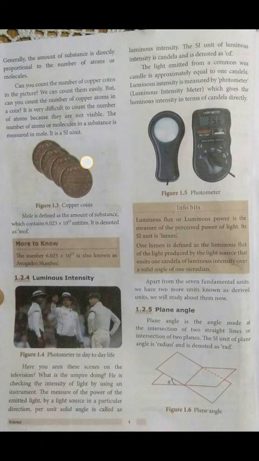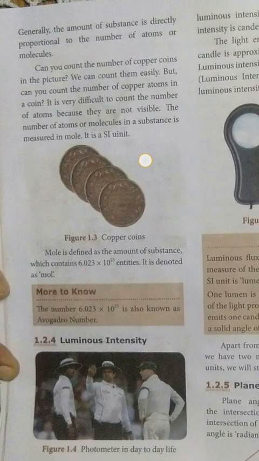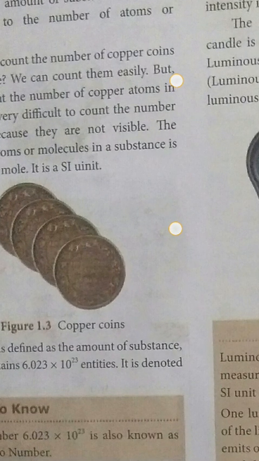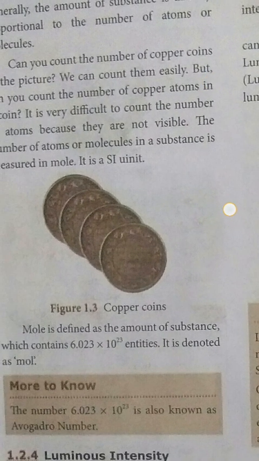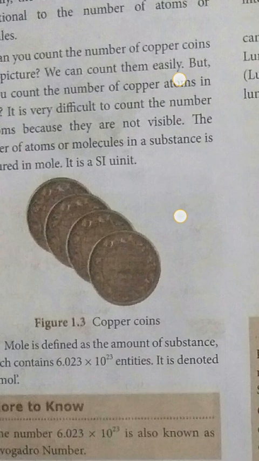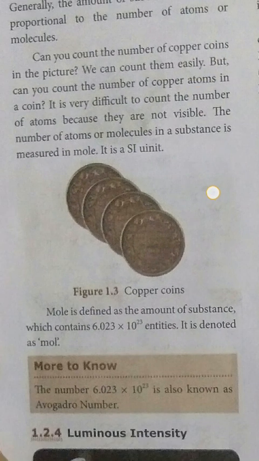That is mole. That also you have to write in this paragraph. Last 3 lines: the number of atoms or molecules in a substance is measured in mole. It is an SI unit.